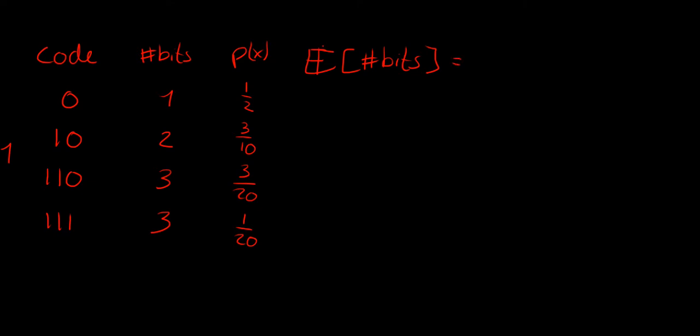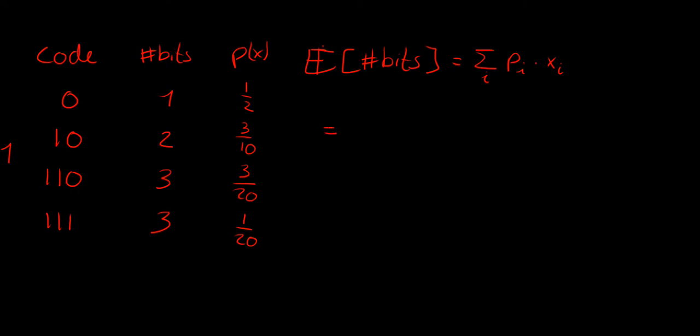What we are doing is summing over every possible pair of probability multiplied with the number of bits that it takes for that probability. So let's do that.